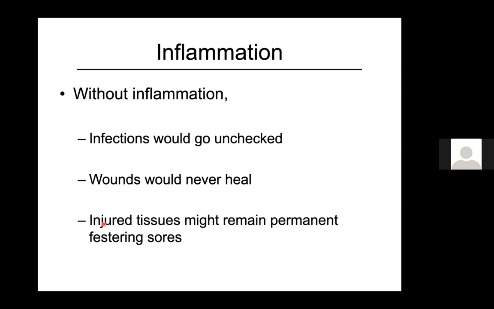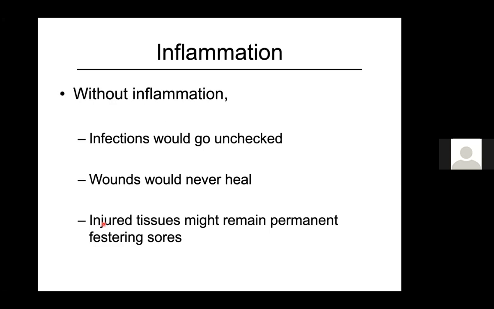I've talked about chronic inflammation being important in leading to healing. So without inflammation, wounds would never heal, okay? If you get a cut, like if you accidentally cut or prick yourself, you always see some redness, some swelling, some pain, okay? All that is part of the inflammatory response.